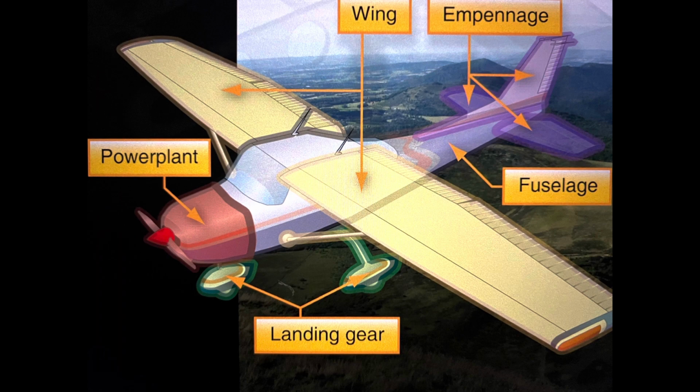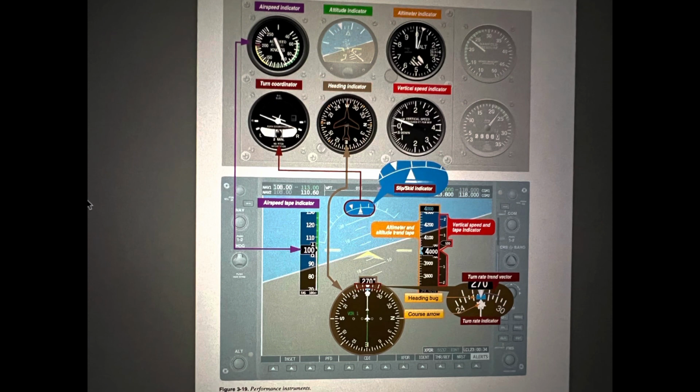And you can see in the diagram here, this is the navigation instrument. The navigation instrument indicates the position of an aircraft in relation to a selected facility or fix. Furthermore, we have several types of navigation instruments.